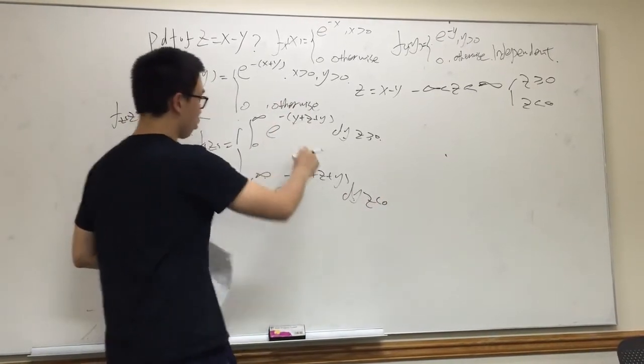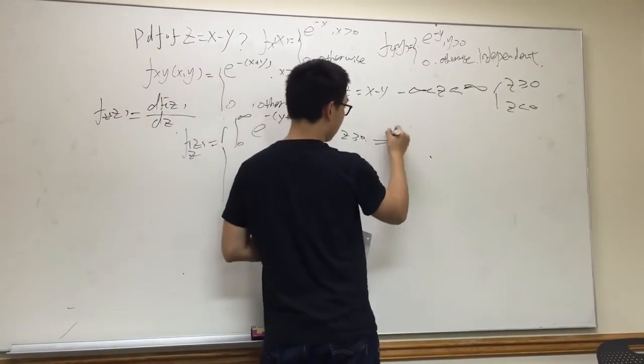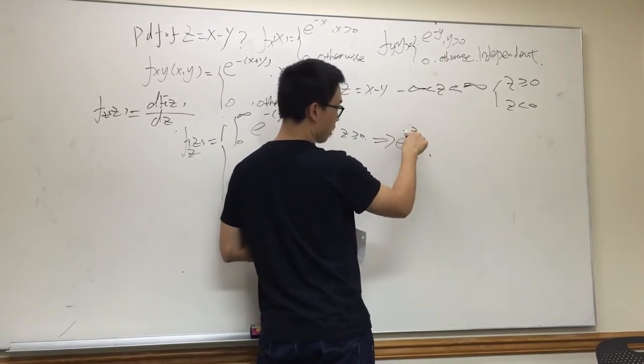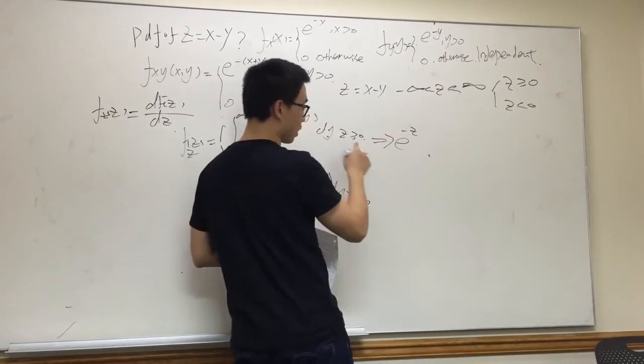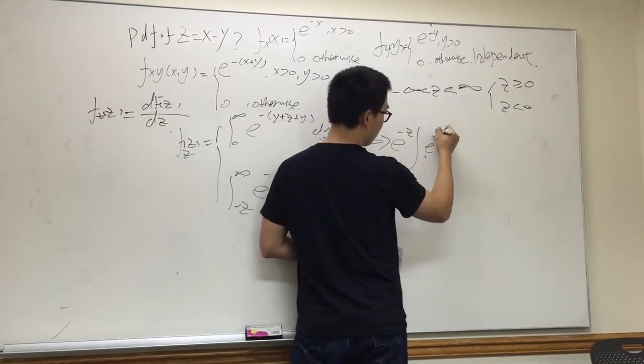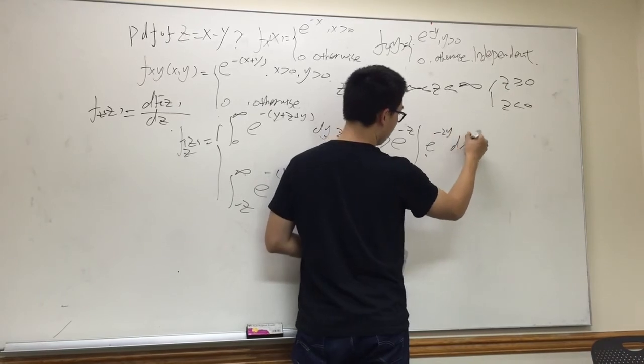Here we can calculate by extracting e to the minus z, and e to the minus 2y dy.